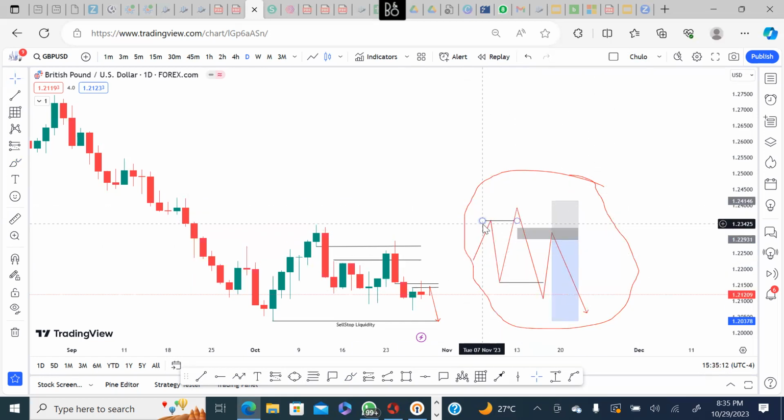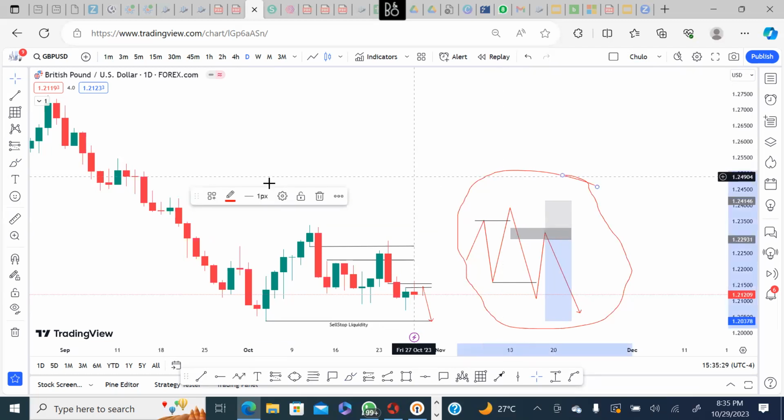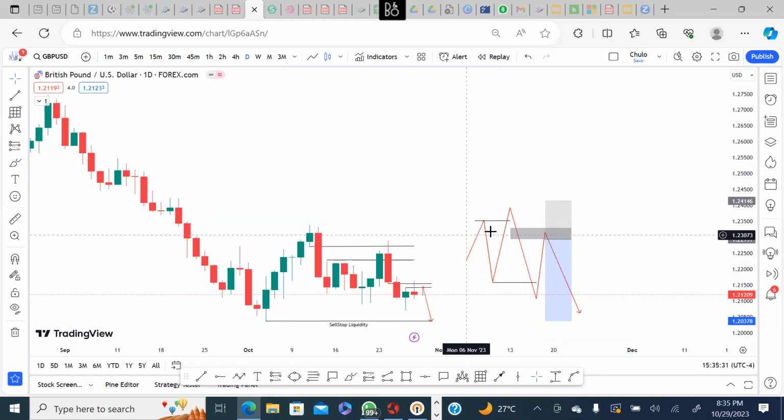Reason being that this liquidity here is being taken out, there is a market structure shift, moving from the uptrend to the downtrend, then return to the fair value gap or order block. I hope I've answered your question.